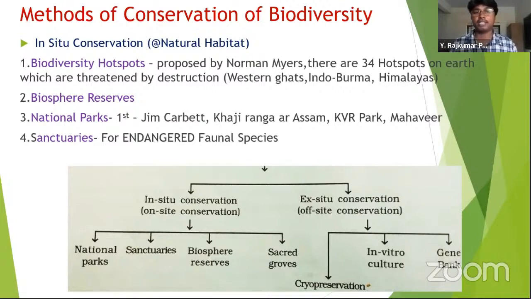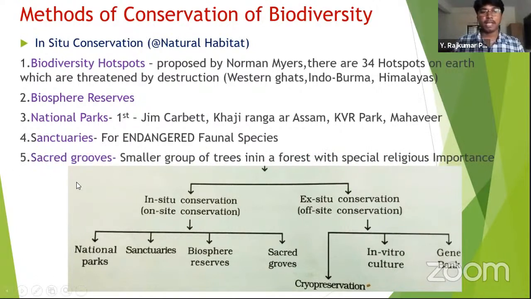So the Pulicat Lake is notified as a sanctuary, a bird sanctuary, and it is the natural habitat of those animals. They come and they live there. So we are protecting the area of their habitat. Hence, it is in situ conservation. Hope you are understanding the difference between in situ and ex situ conservation.